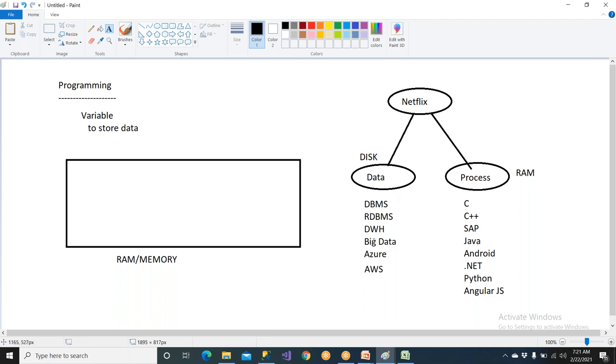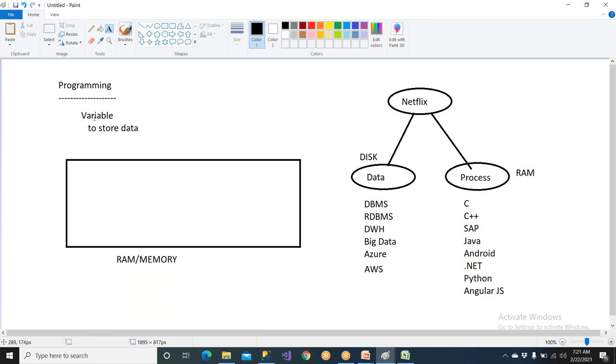But your RDBMS, big data, Azure, AWS, data warehousing, all these store the data, but where? In the disk. Programming means C, C++, they are not going to store data anywhere. They simply get the data from somewhere and process it. So they are going to use RAM only.